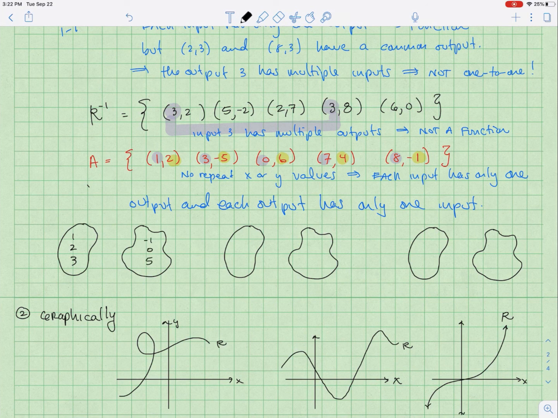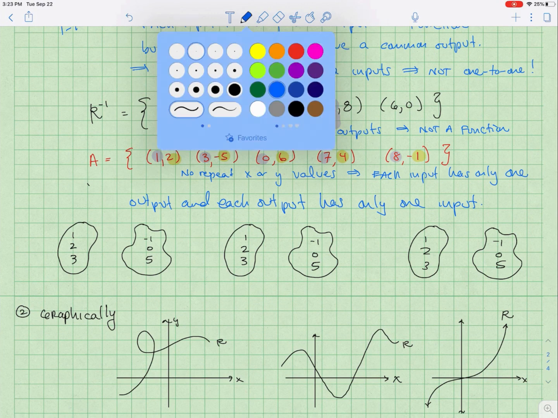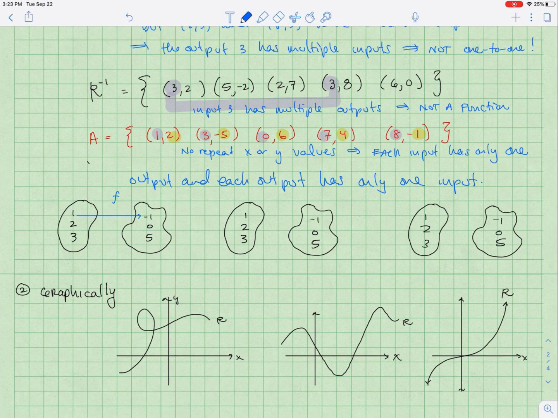Negative 1, 0, 5. And so in this case, whatever my function is, maybe f maps 1 to negative 1, it maps 2 to 5, and it also maps 3 to 5.